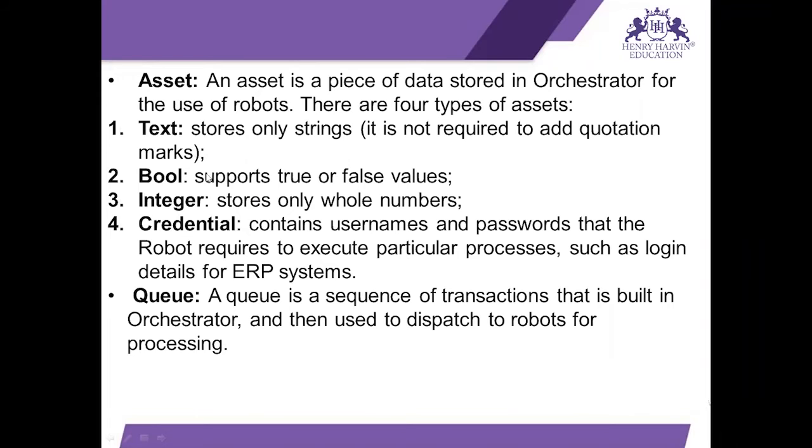So we can have these four types of assets in Orchestrator, where text stores strings or characters, boolean stores true, false, yes, no, 0, 1, integer stores any whole number, and credential stores the username and passwords such as login ID or login details for any ERP system. Next, we have queue. A queue is a sequence of transactions that is built in Orchestrator and then used to dispatch to robots for processing.